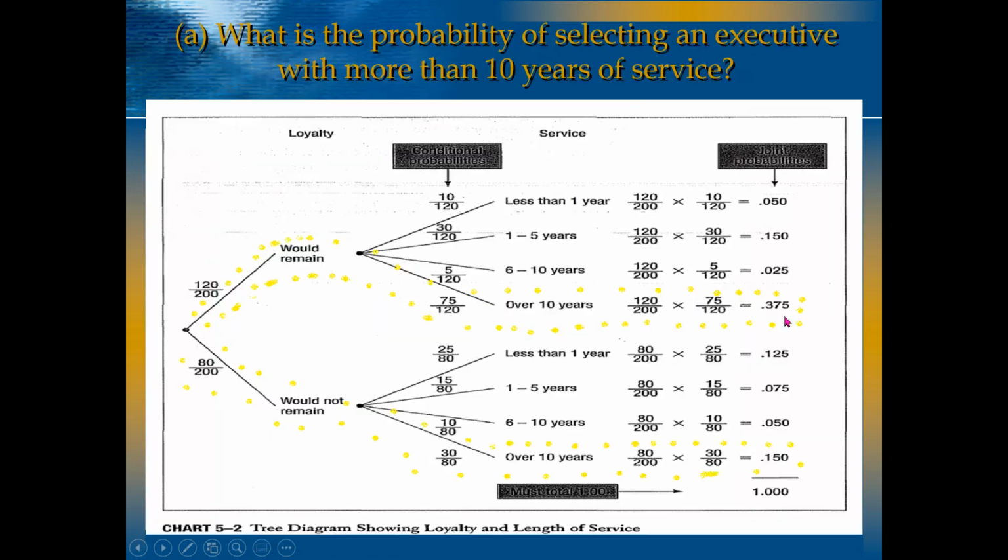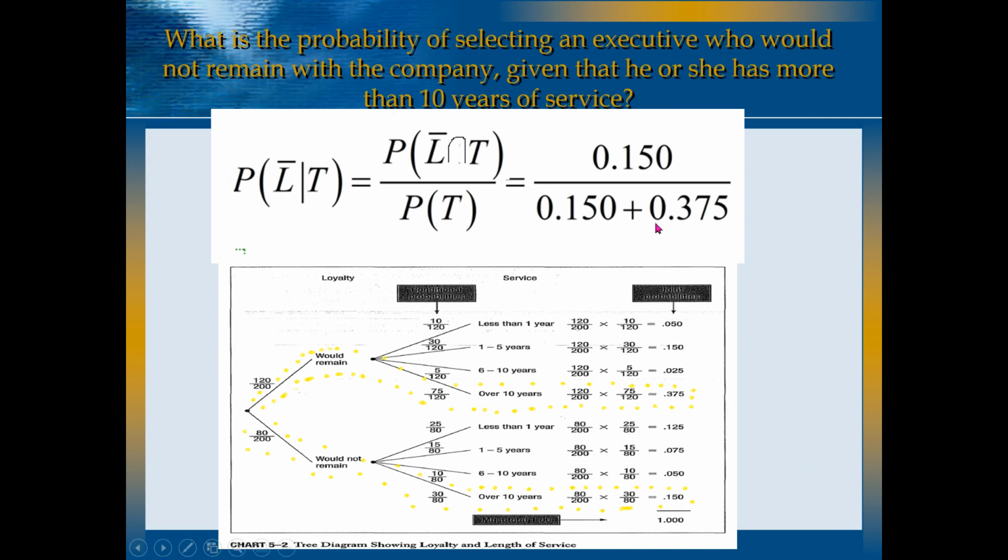By the way, more than 10 years of experience we did just here in this slide as well, so there is no need to re-emphasize the denominator part because I explained that in detail a little bit earlier. So the answer of this whole thing will be the conditional probability of selecting an executive who would not remain with the company given that he or she has more than 10 years of experience.